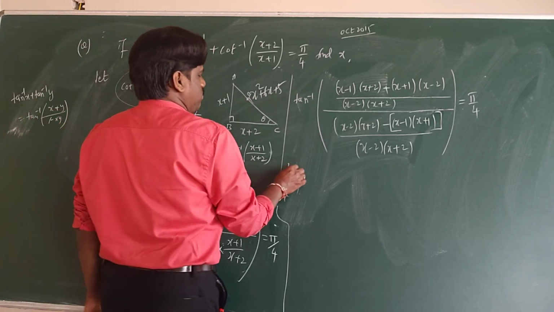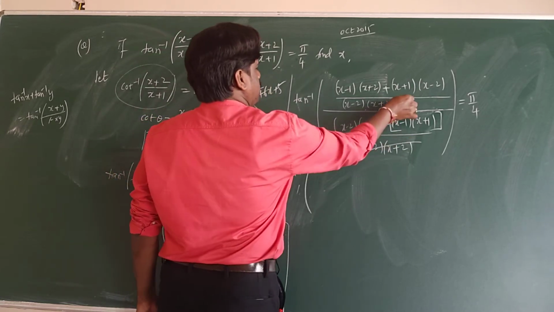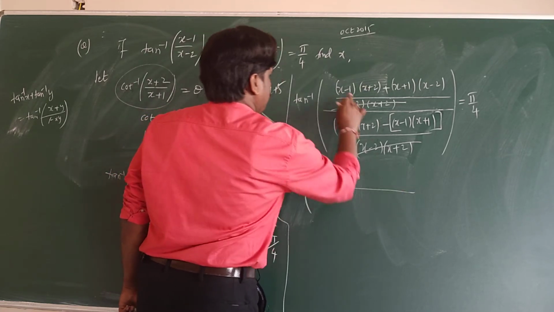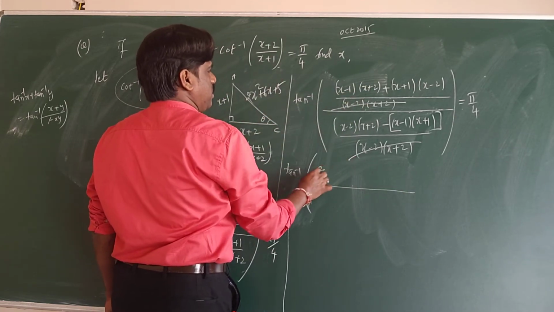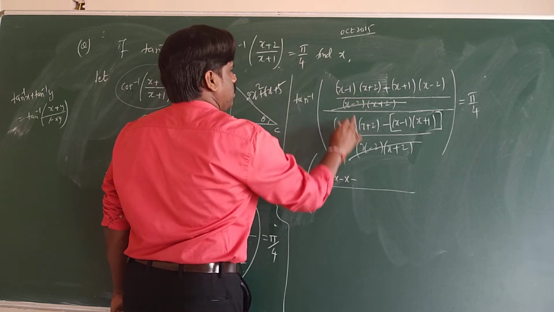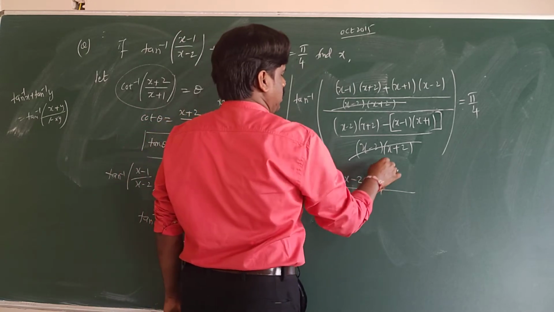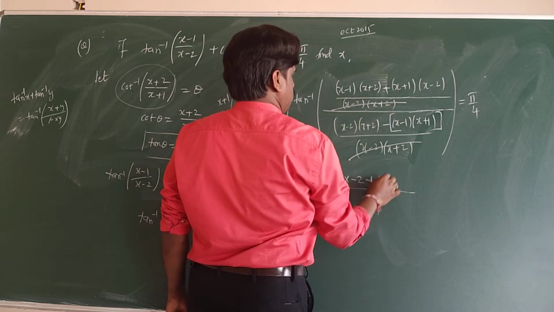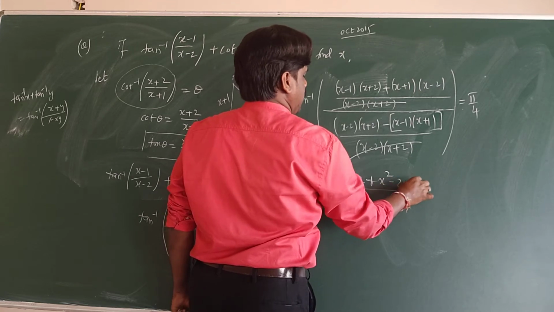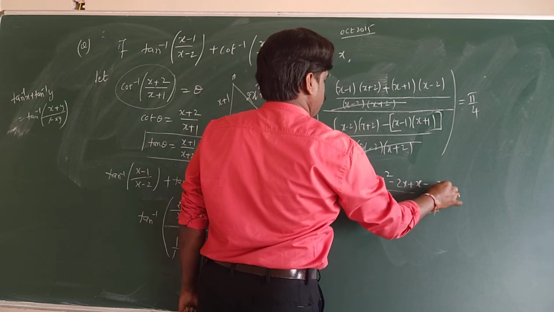So tan inverse, what do I get here? Tan inverse, I get here, (x minus 2)(x plus 2) is cancelled out. On the top, what I am getting here: x square plus 2x minus x, minus into plus minus 2, I multiplied, plus here, plus x square minus 2x plus x, plus into minus, 1 2 is 2.